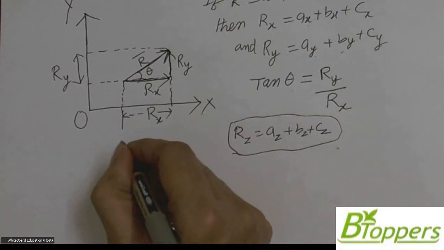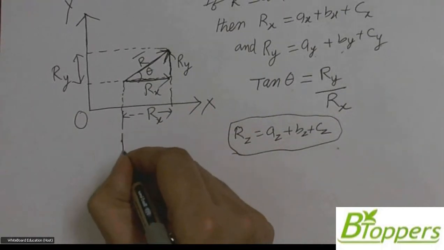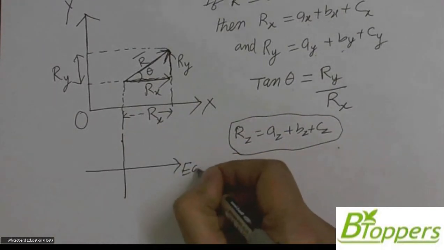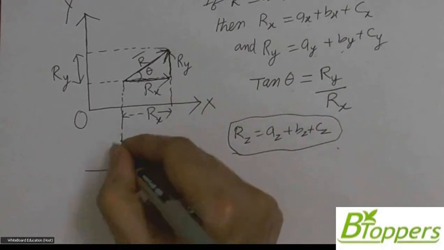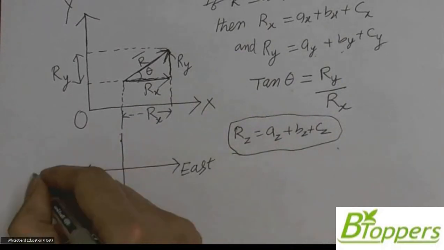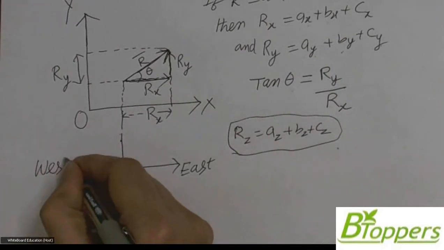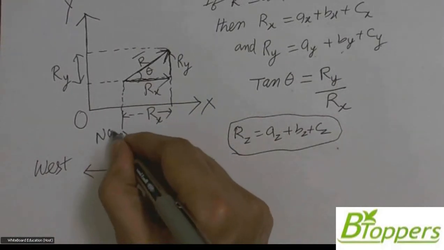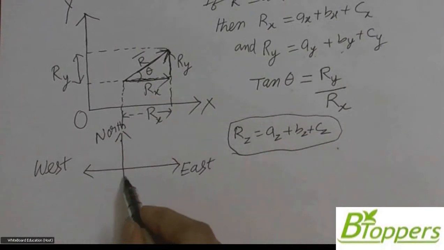For example, if you consider a problem with vectors lying in the horizontal plane, the direction towards your right is the east direction.